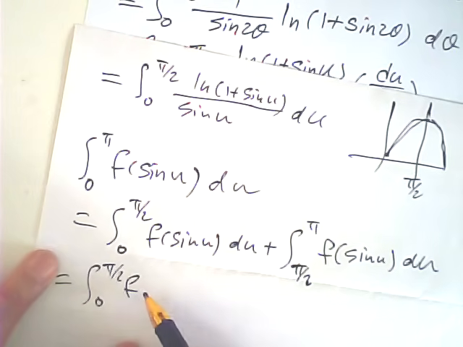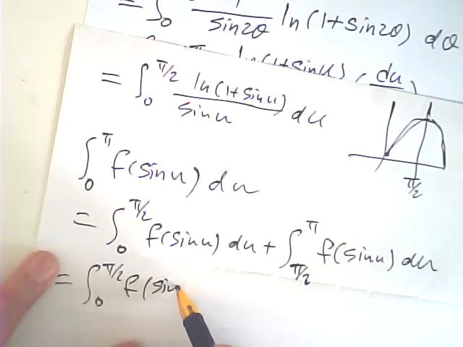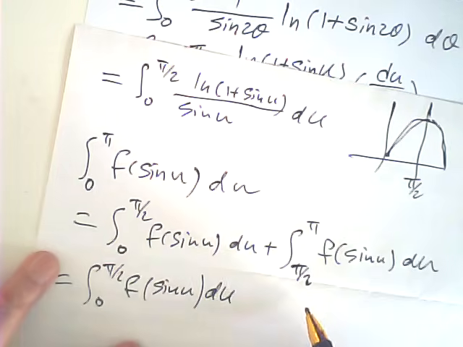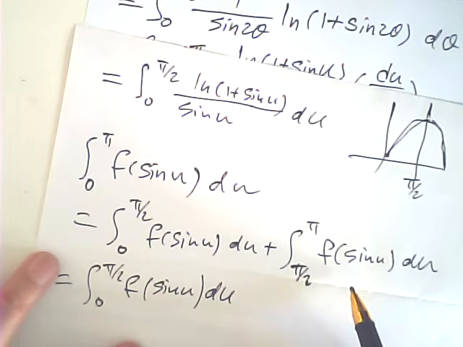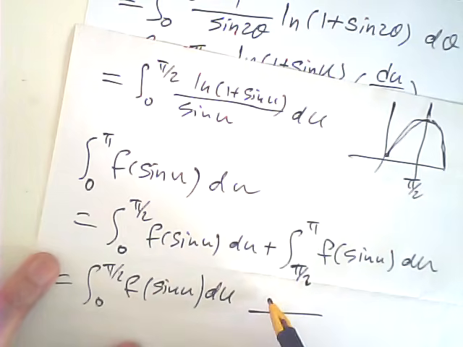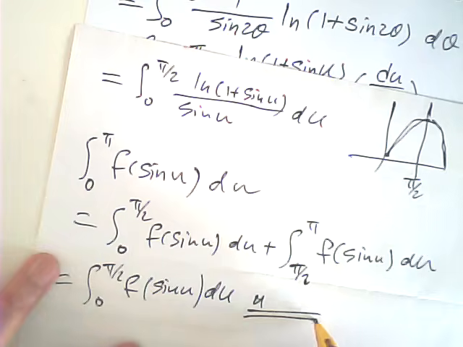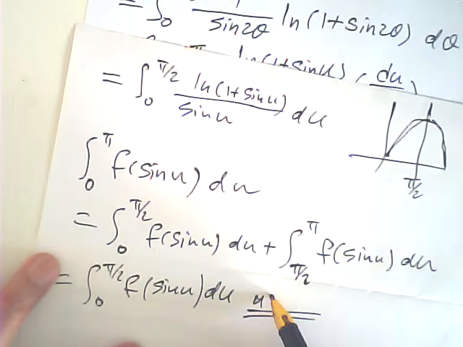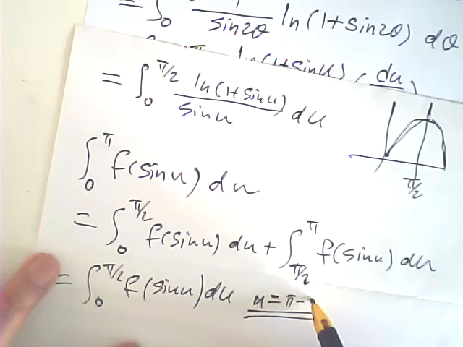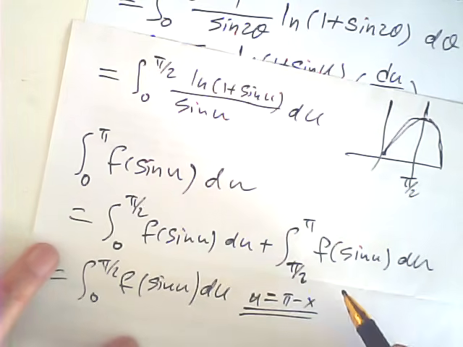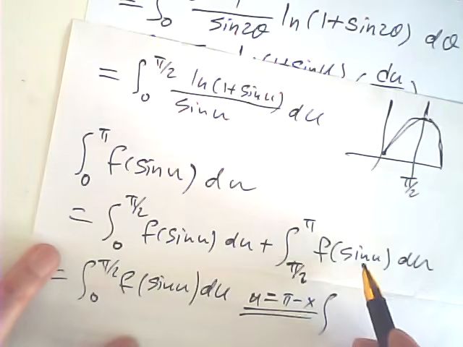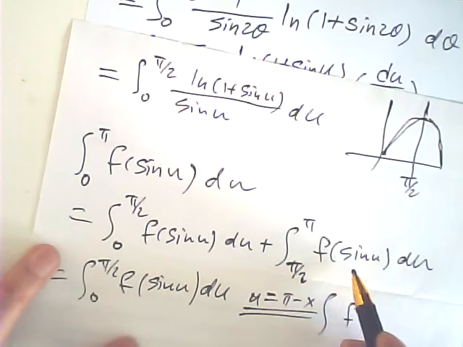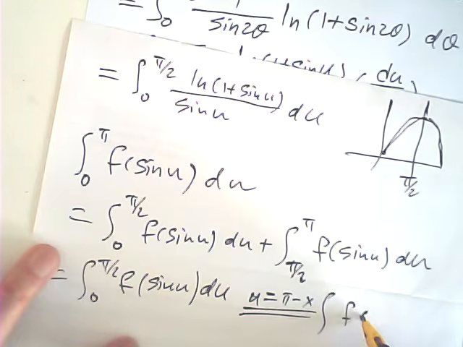Half, sine u du. This one, let u be pi minus x. So this one equals, sine u is the same as sine x.